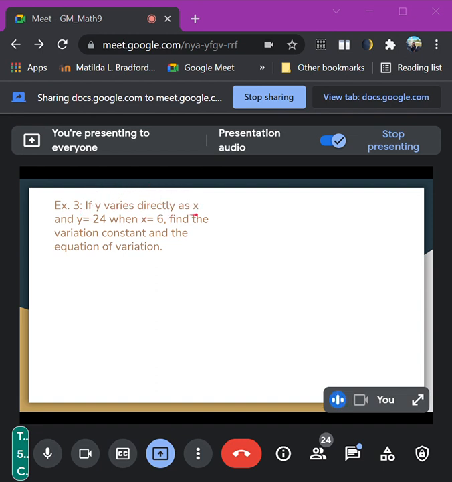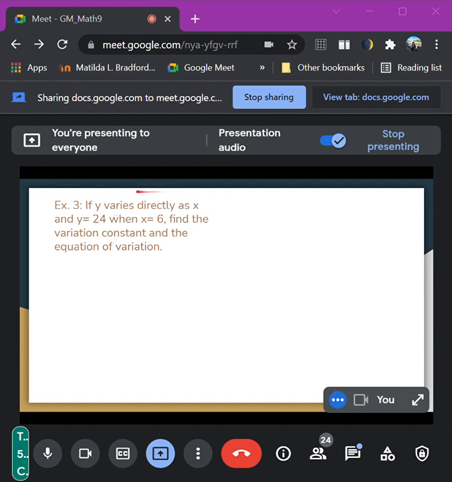Where are we going to write the equation, class?